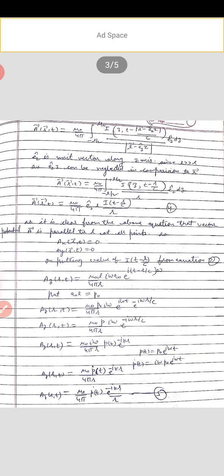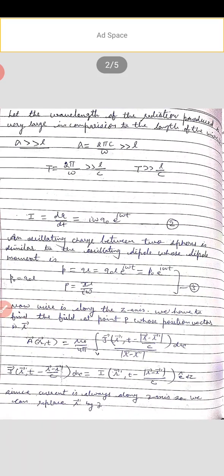So in this case Ax(r, t) is equal to 0 and Ay(r, t) is equal to 0. Now if we put the value of I(t minus r by c) from equation 2, then we can write equation 2 as this.